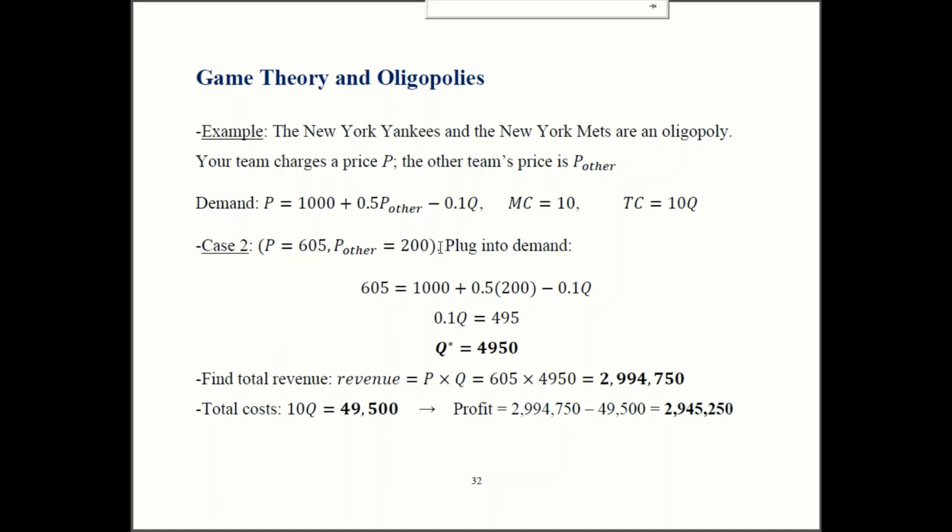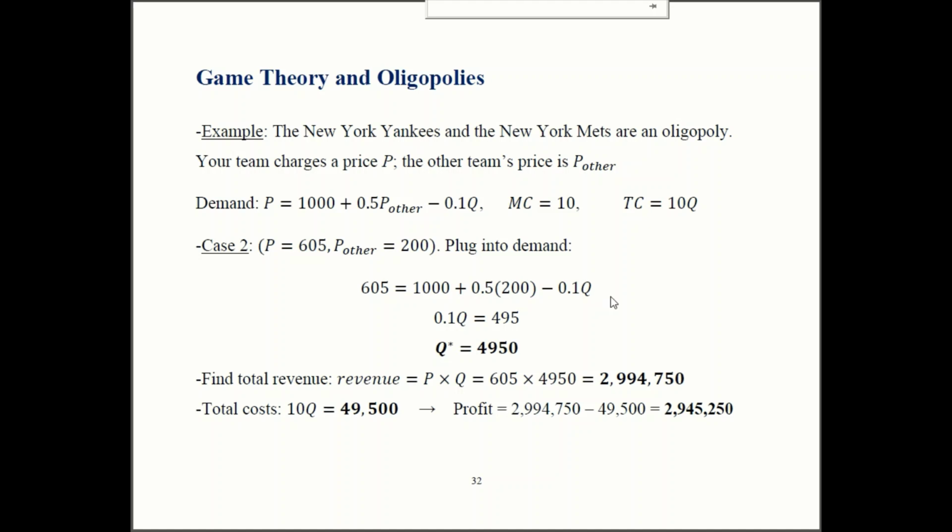So you plug into demand, so we have P equals 605, so we have 605 equals 1,000 plus 0.5 times P other, which is 200, minus 0.1Q, so that comes over here. 1,000 plus half of 200, half of 200 is going to be 100, so this comes out to 1,100. 1,100 minus 605 is going to be 495.